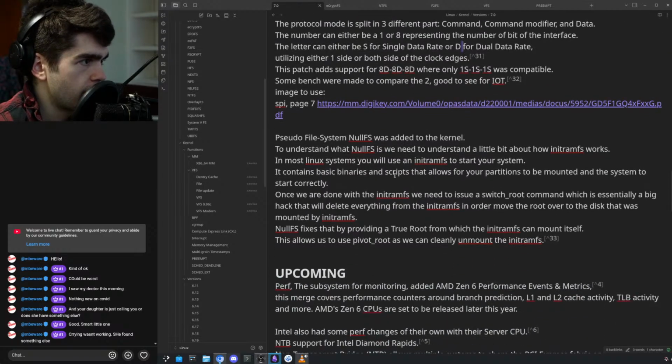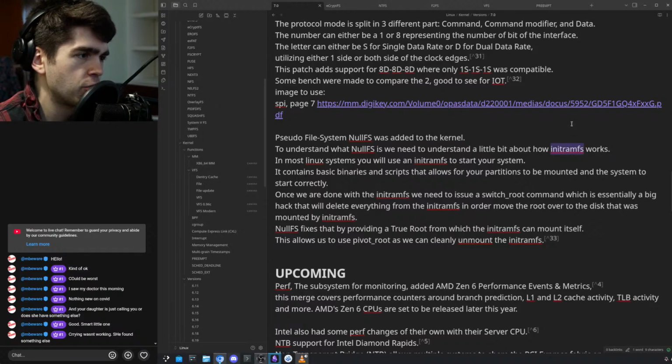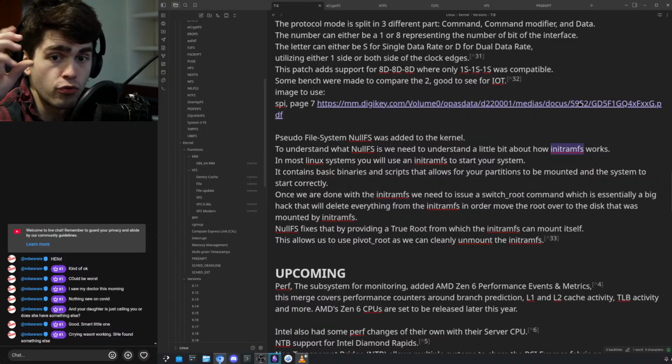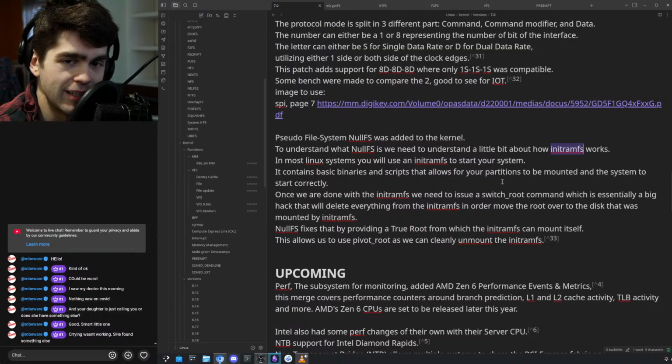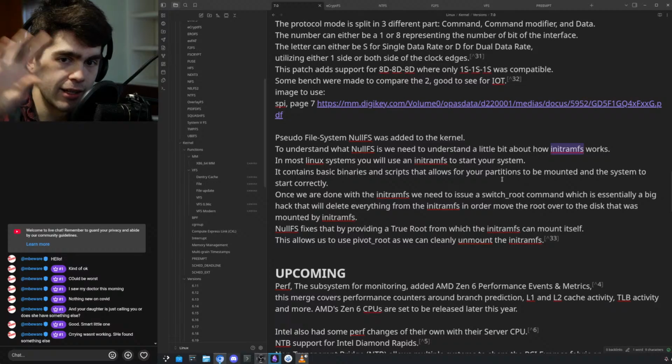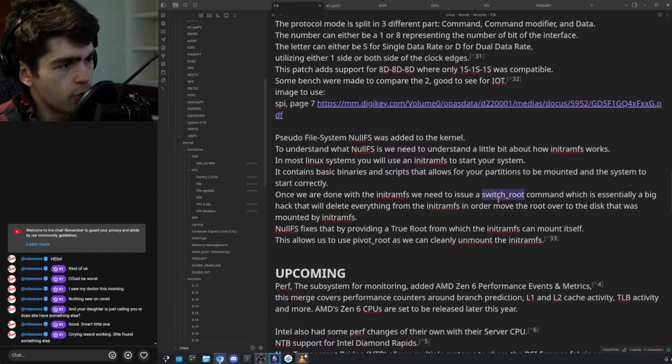so I covered that. Now there's nullfs too, which is kind of fun, which essentially in Linux, we don't have a slash before the slash. So when you mount initramfs, it is your slash. So it means that when you need to switch to the real fs and not the initramfs, you're kind of screwed and you need to do a bunch of dumb stuff like deleting all the data one by one and then reloading it elsewhere, which is done automatically by switch_root, but switch_root is like an ugly hack.